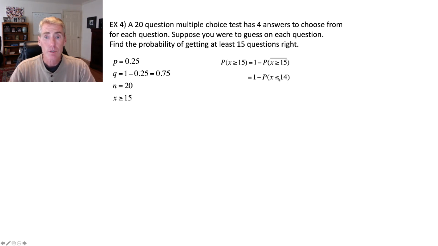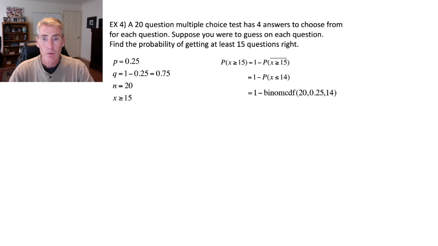Now, the reason for doing this step right here is because the calculator will calculate this for you when it's less than or equal. For some reason, it won't do it for bigger than or equal, so you have to do this one extra step right here. So then, what we're going to use is, still have to type in the 1 minus. Instead of binomial PDF, we're going to use binomial CDF.